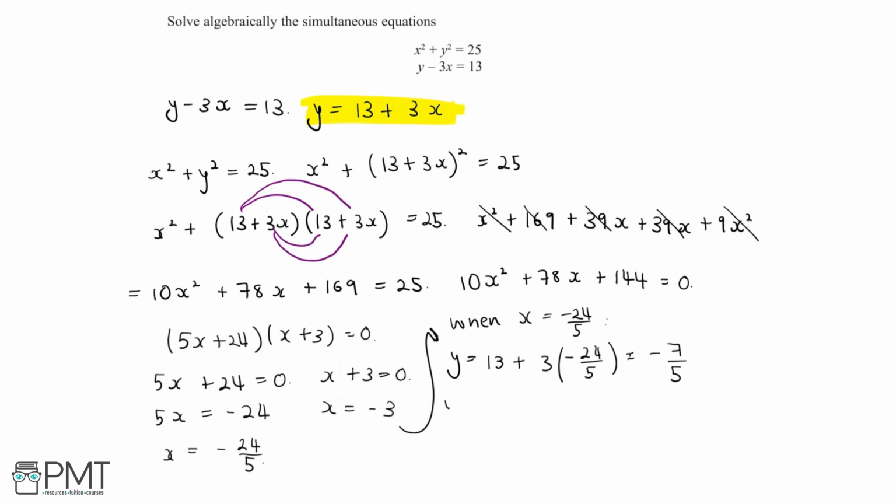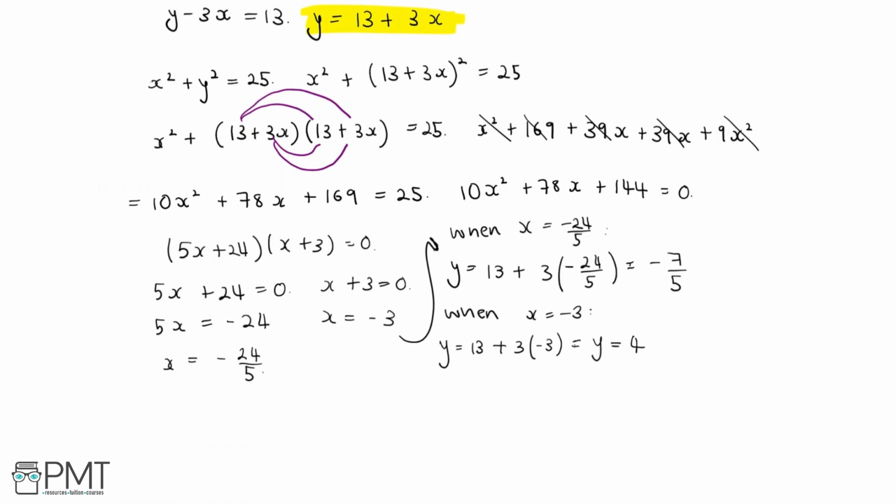And then when x equals minus 3, we can do the same. y equals 13 plus 3 times minus 3, therefore y equals 4. So now we've solved the equations, and we can write our answer out a little bit neater below.